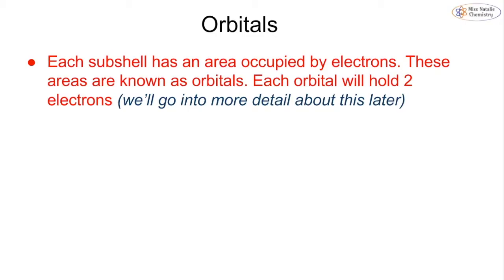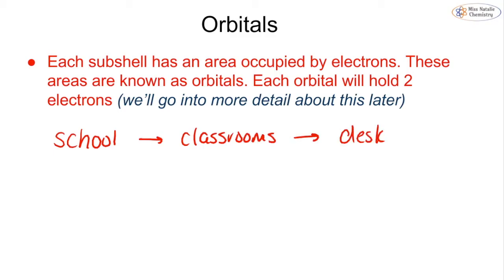Now, within each subshell, we can get an area that is then occupied by the electrons, and these areas are known as orbitals. And each orbital can hold 2 electrons, and we'll go into a bit more detail about how these electrons are filled in a couple of slides. So if we go back to our school analogy, so we had our school that was filled with classrooms, and these classrooms now are filled with desks that will have students at them.